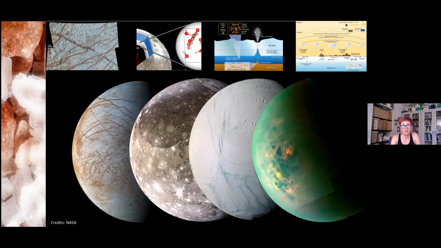Actually, gas hydrates have been proposed to explain, for example, the cryovolcanism of Europa and Enceladus, and also the possible transportation of volatiles from the Ganymede interior, or the atmospheric replenishment of methane in Titan's atmosphere.